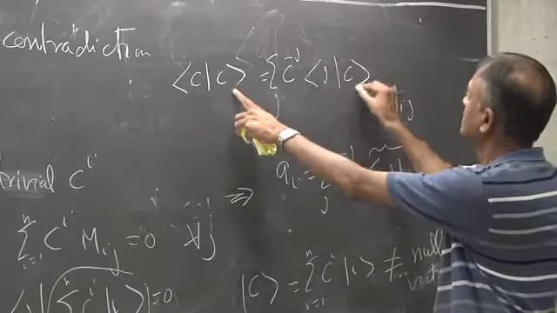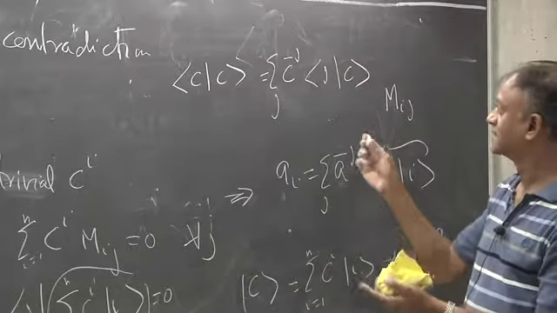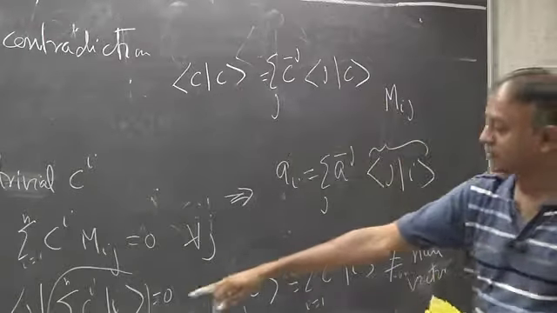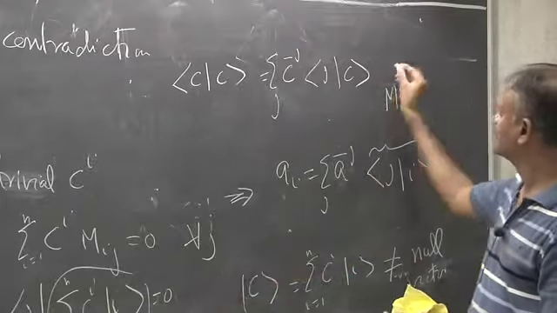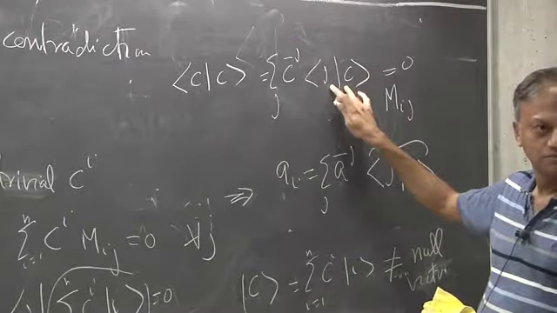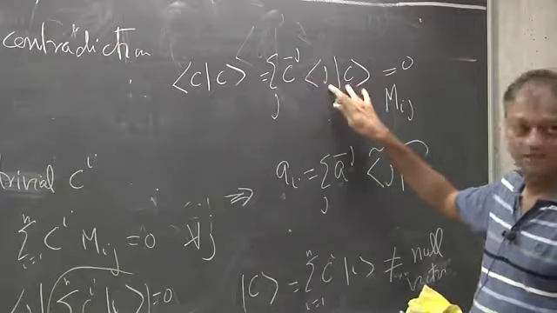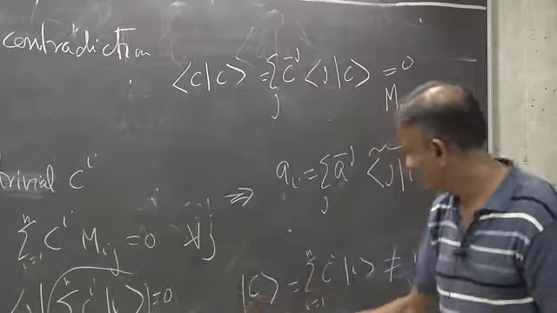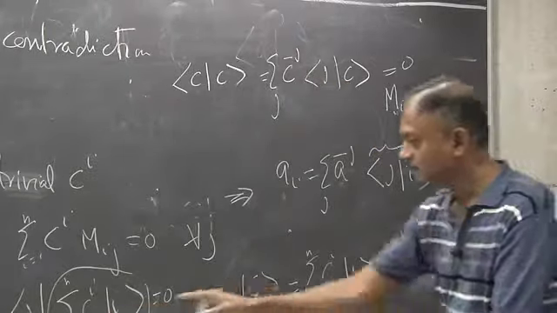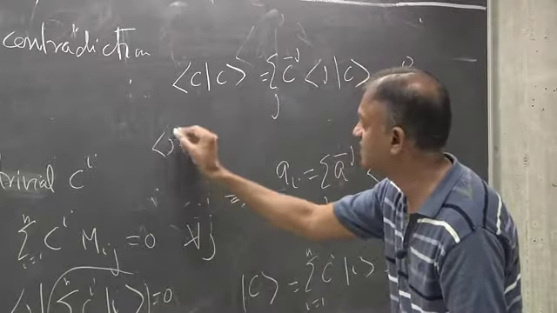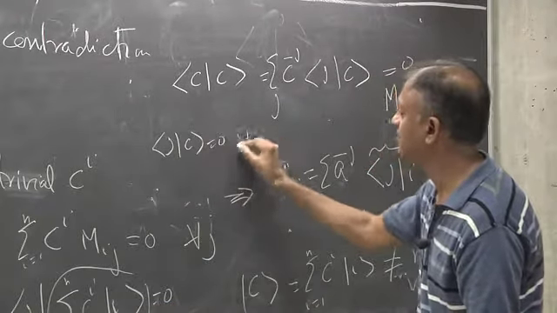This with C. Let's consider this. But we said that C with j is 0 for every j. So this is 0 because each term here is 0, no matter what these coefficients are. That's what it's saying, right? I just said C is that. So this equation can be rewritten as j, C is 0 for all j, right?